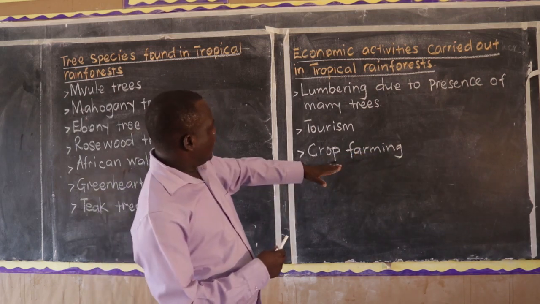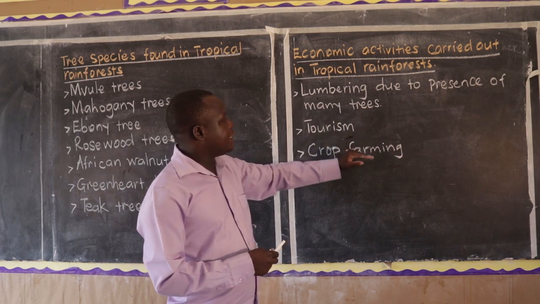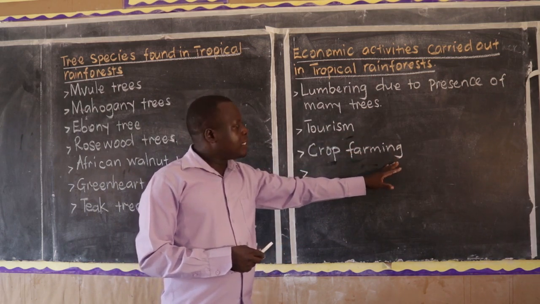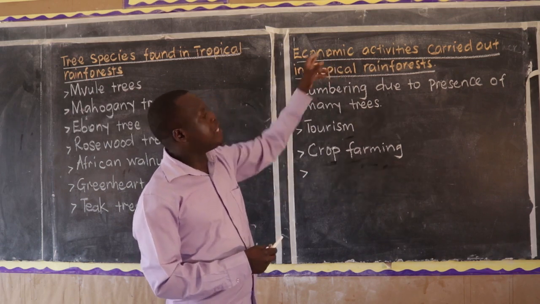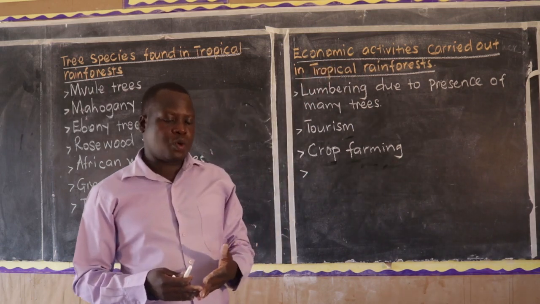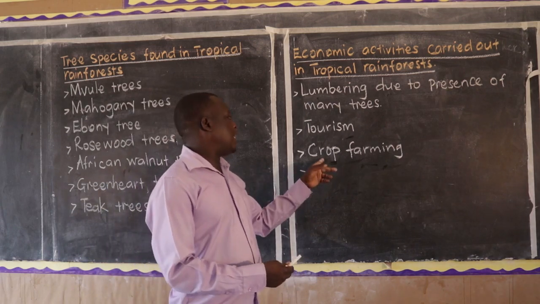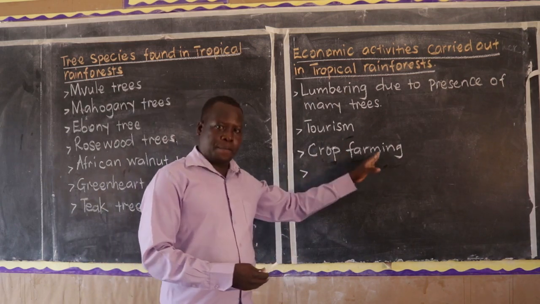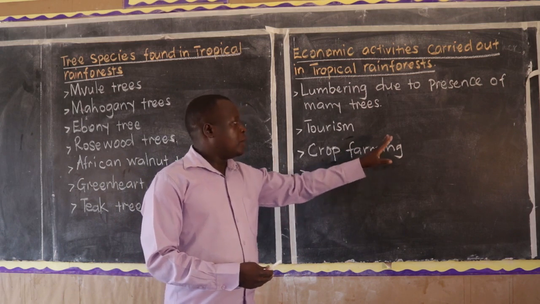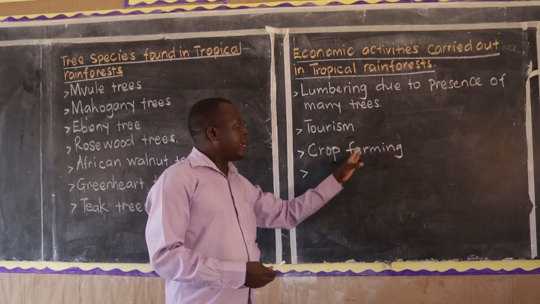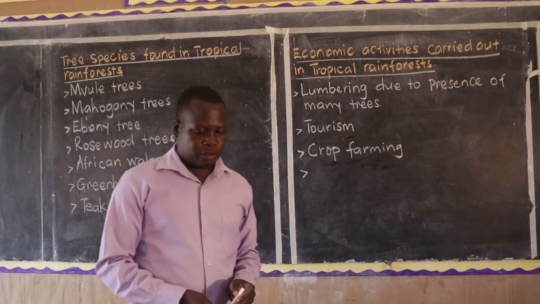So you have to say that the area receives plenty of rainfall. Sometimes they can also ask, how do equatorial rainforests promote crop farming? They help in rain formation, and that is why crop farming is done. Remember, this one requires rainfall, as we have said.